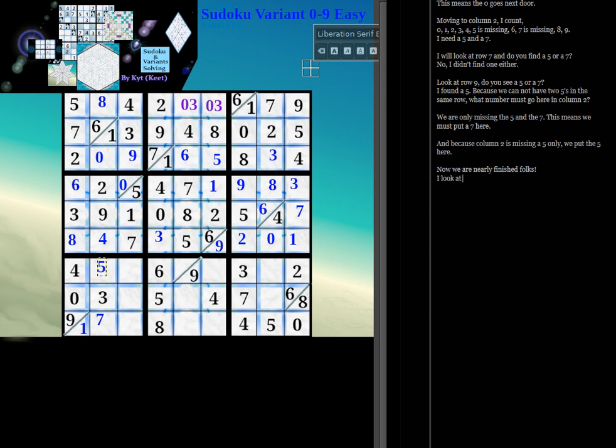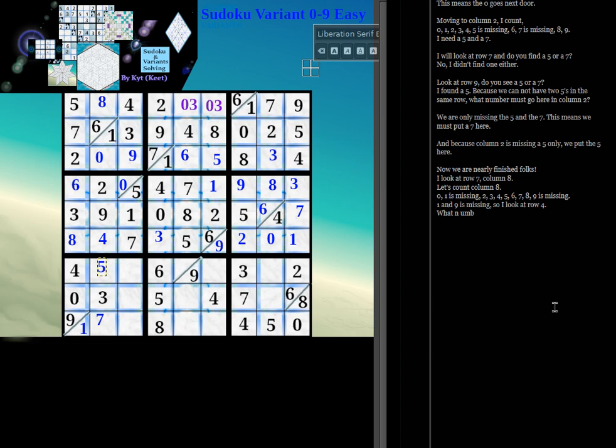I look at row 7, column 8. Let's count column 8. 0, 1 is missing, 2, 3, 4, 5, 6, 7, 8, 9 is missing. 1 and 9 is missing, so I look at row 4.